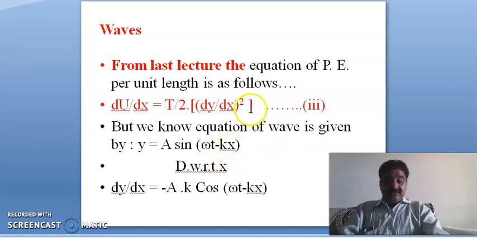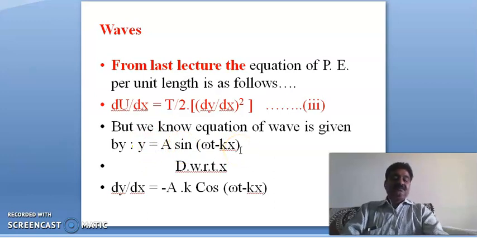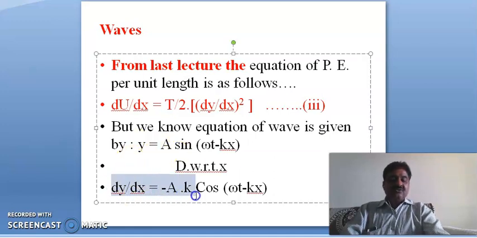And if we differentiate this equation of a wave with respect to x, then what happens? You will get dy by dx is equal to a into k cos(omega t minus kx).